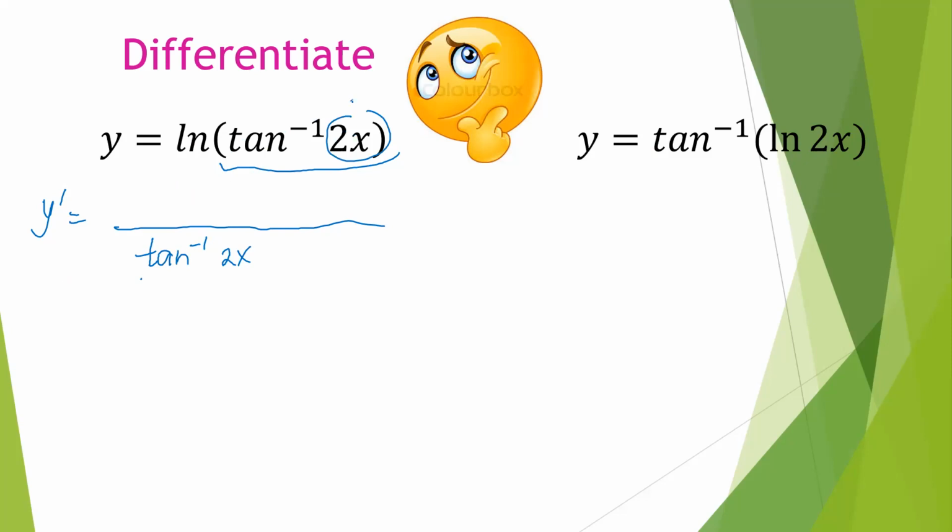So kung ito yung u mo, madi-differentiate pa natin siya. So 1 plus your u squared will be 4x squared. So yung u, focus tayo sa u. Tapos derivative of that is 2. Okay, so simplifying this is 2 over quantity 1 plus 4x squared times arctan of 2x.